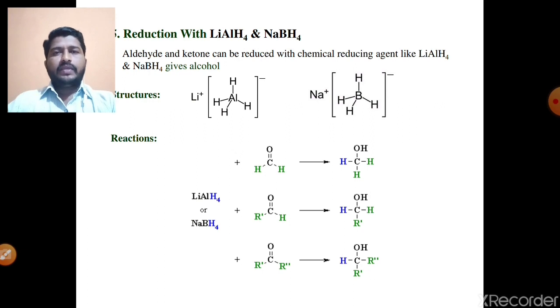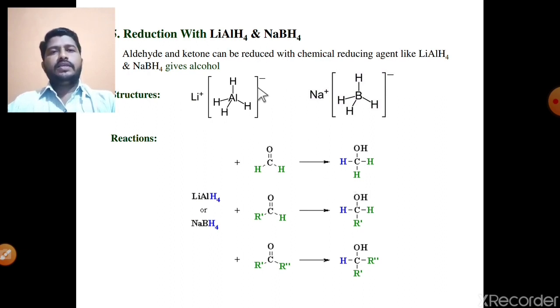It specifically reduces only the carbonyl group, means only aldehyde and ketone. Aldehyde and ketone in the presence of sodium borohydride are converted into the corresponding alcohol. The same aldehyde and ketone in the presence of lithium aluminum hydride also finally give the corresponding alcohol.